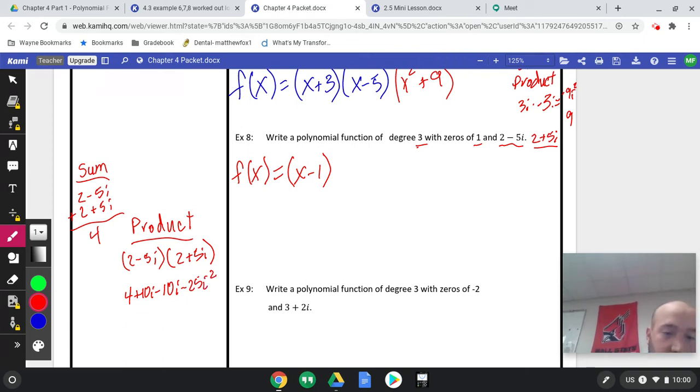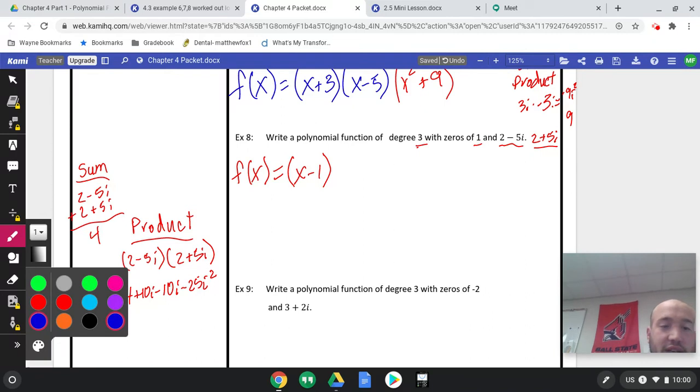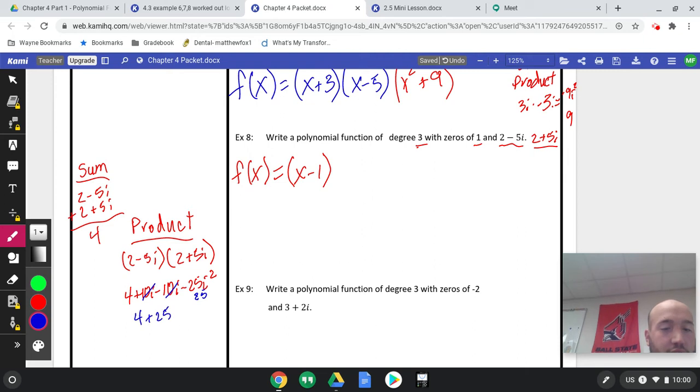The nice thing about this is the 10i and the negative 10i should always cancel if you have a conjugate correctly, and we're left with 4. Now, negative 25 times i squared, which is negative 1, gives us 25. 4 plus 25 results in a product of 29.